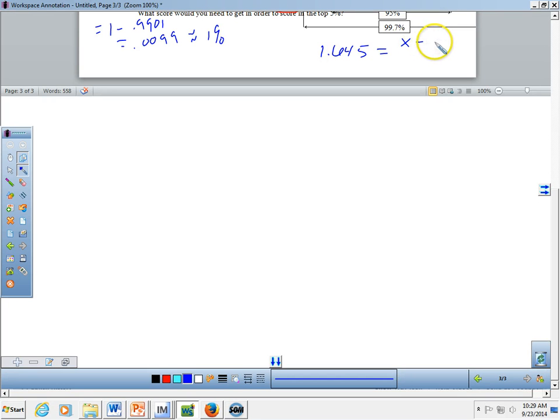Anyway, we're still back in our z-score calculation. So I need x minus the mean, which is 23, over the standard deviation, which is 3. And we go solve this equation. Put this over 1, we cross multiply, and we get x minus 23 is equal to 3 times 1.645, which is 4.935.